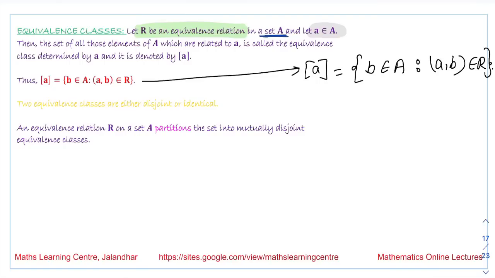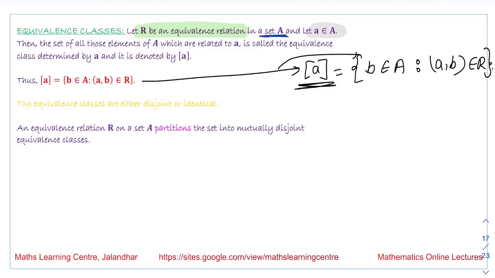Then this set is called the equivalence class corresponding to this relation on the set A, and this class is denoted like this.